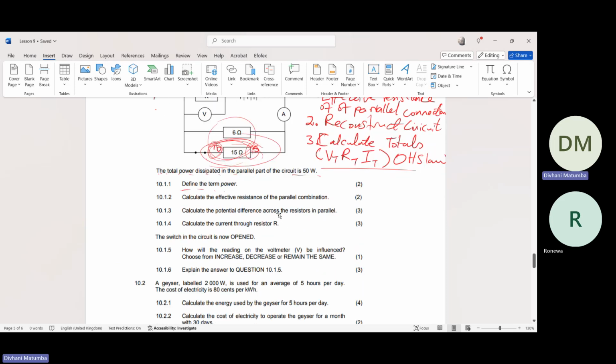You are saying which formula should we use? So am I correct to assume that voltage is the same as potential difference? It is correct. Okay, so would we not use the formula for voltage, which is V is equals to I times R?